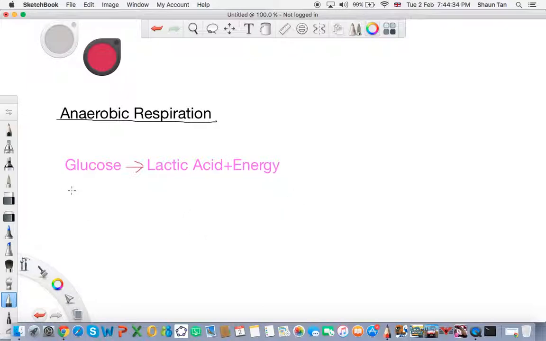So the chemical formula is C6H12O6 gives C3H6O3, which is lactic acid, plus energy. So this is basically the chemical formula for anaerobic respiration.